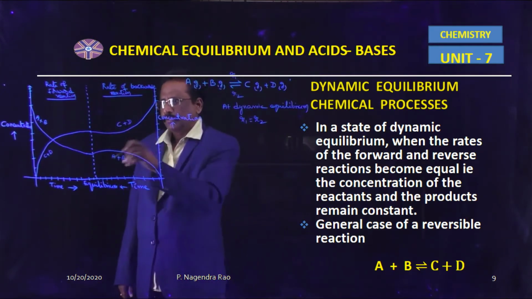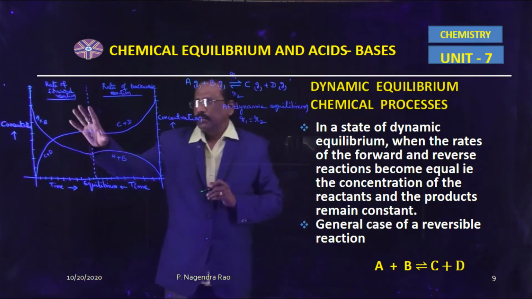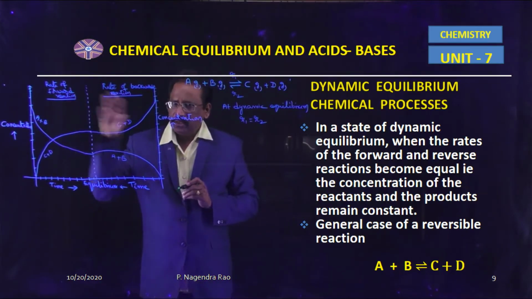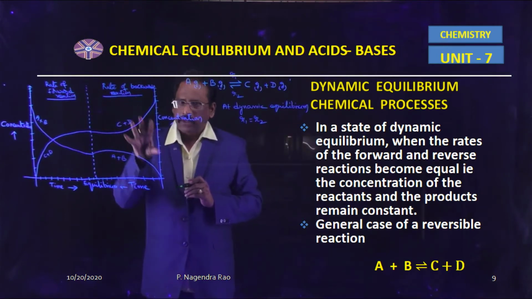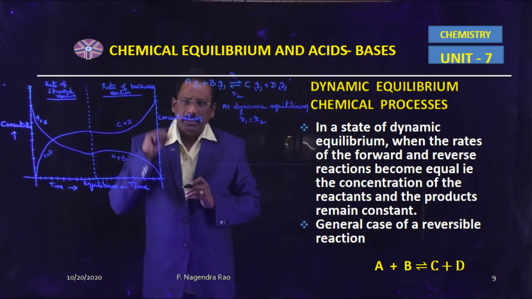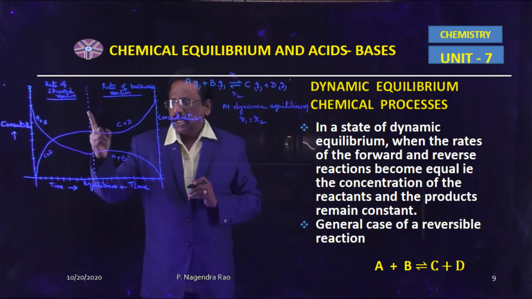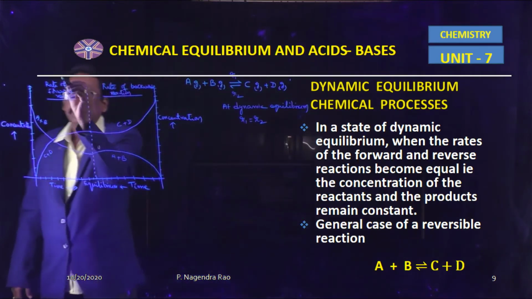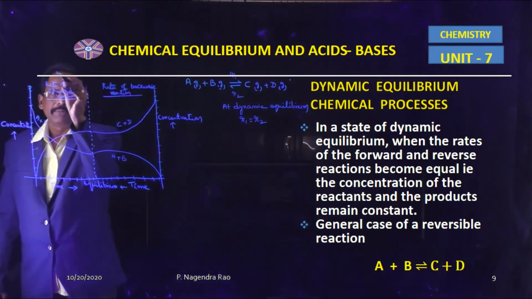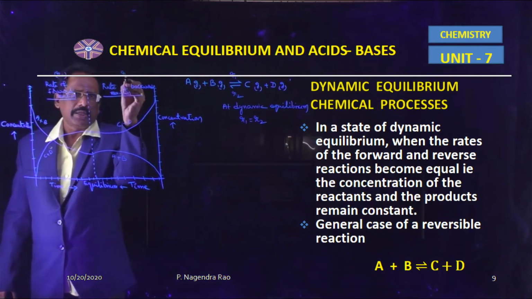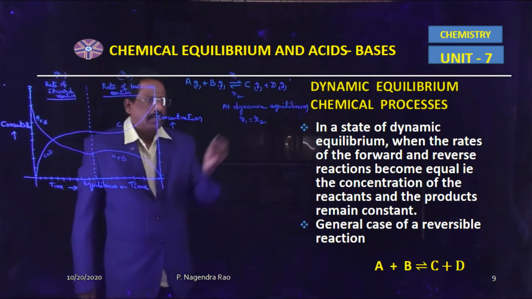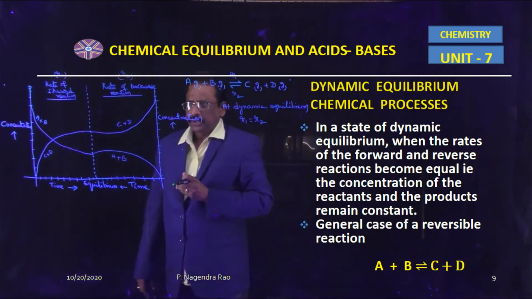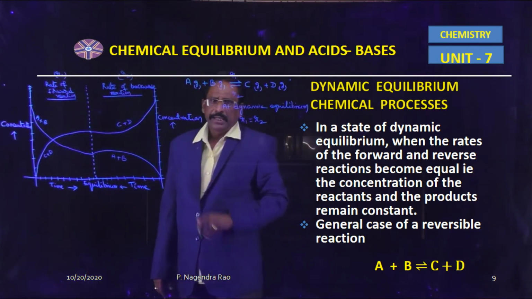So this is the rate of forward reaction graph, and this is the graphical representation of the rate of backward reaction. Now R1 is equal to R2 at dynamic equilibrium. R1 indicates the rate of the forward reaction, R2 indicates the rate of the backward reaction.